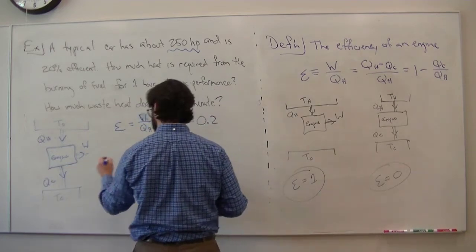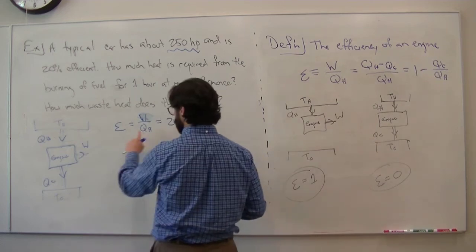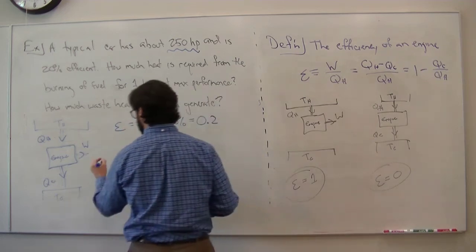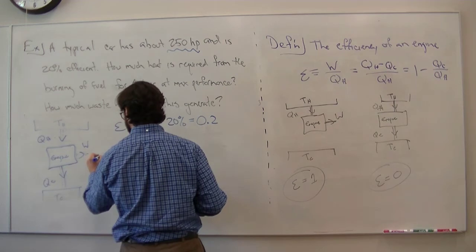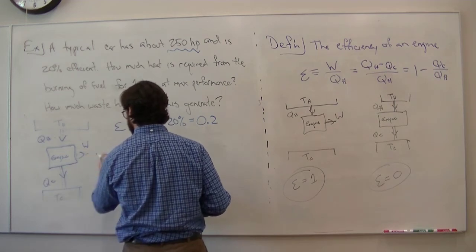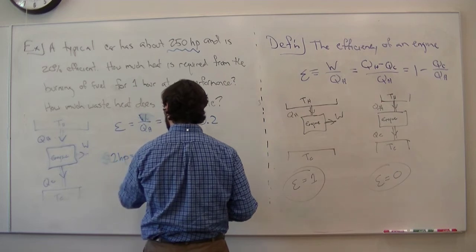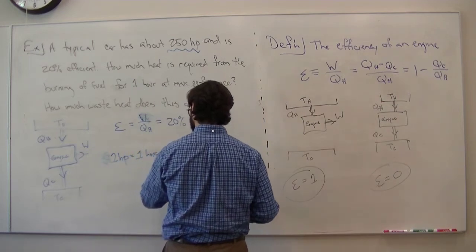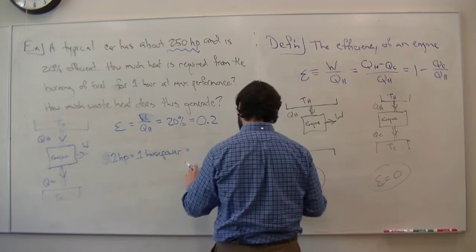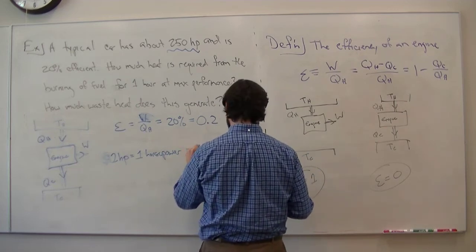Okay, so got the 0.2, we want that. Really just need to find work. What is horsepower? And if you look it up, 1 horsepower turns out not to be something in joules, it turns out to be something in watts.